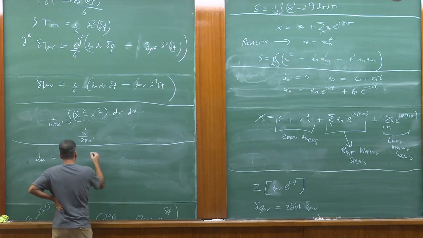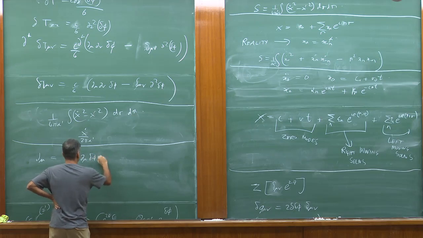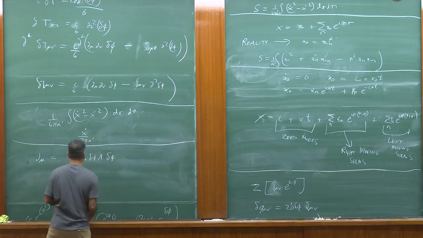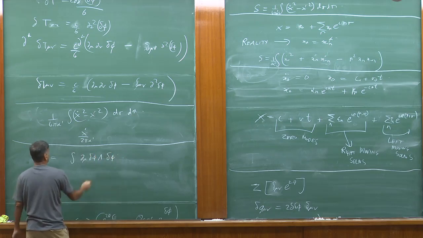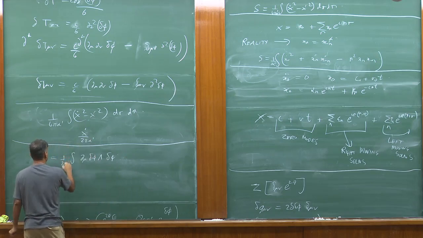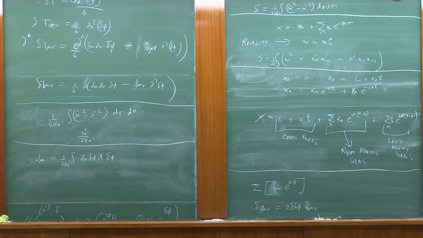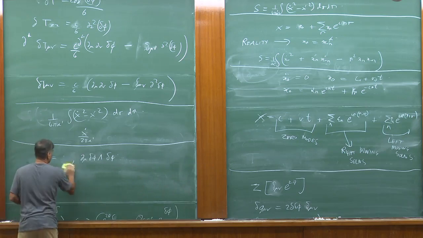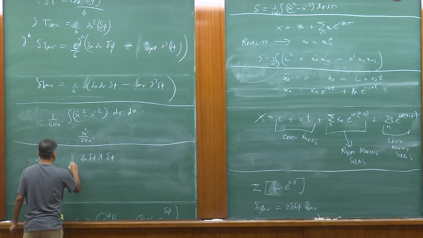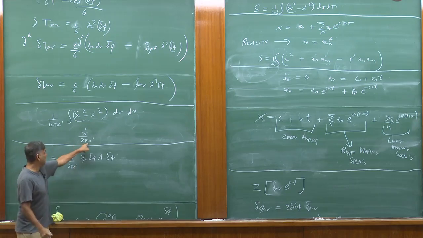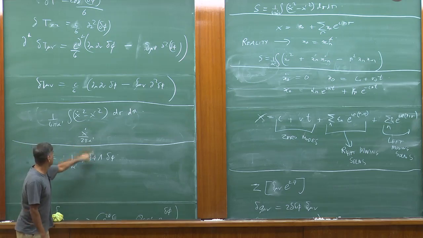It is del mu delta phi wedge delta phi, and then 1 by 2 pi alpha prime. This is the current without the integral. The 1 by 2 pi alpha prime is the same as this. This del mu of delta phi was this x dot here.